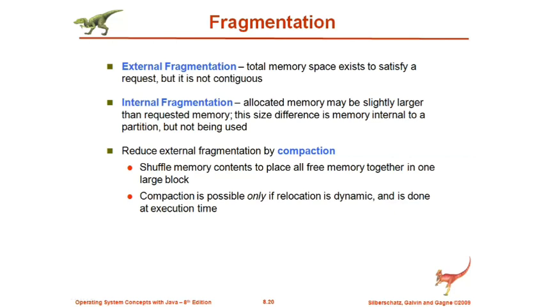Fragmentation may be external fragmentation or internal fragmentation. External fragmentation means the total memory space exists to satisfy a request, but it is not contiguous. Internal fragmentation means the allocated memory may be slightly larger than the requested memory. This size difference is memory internal to a partition but not being used.